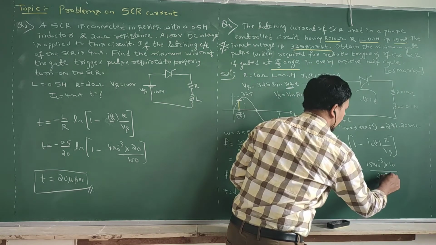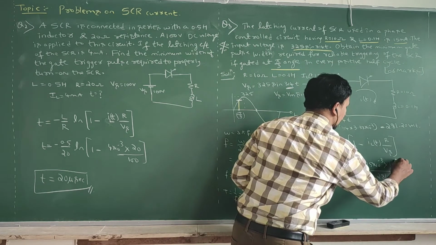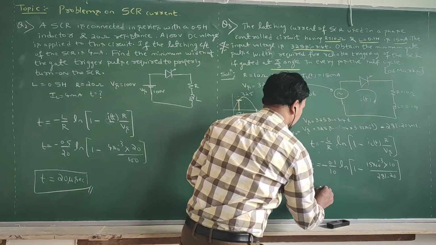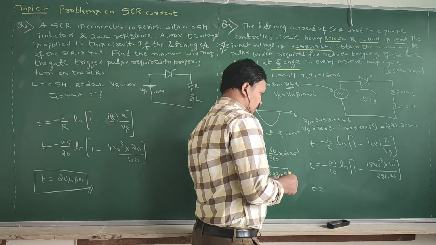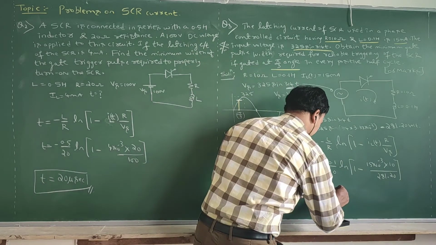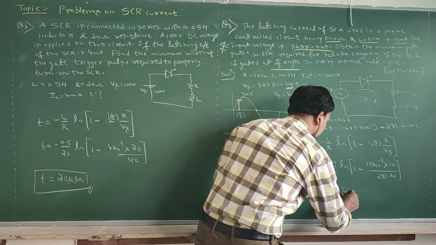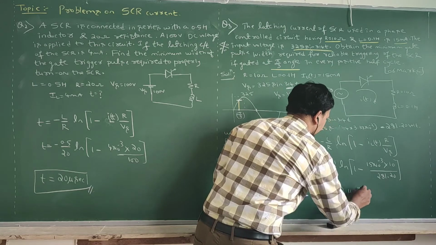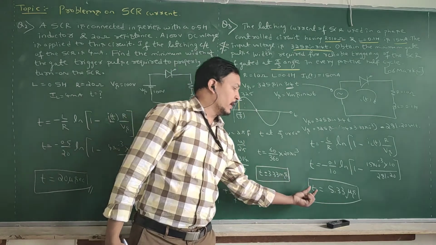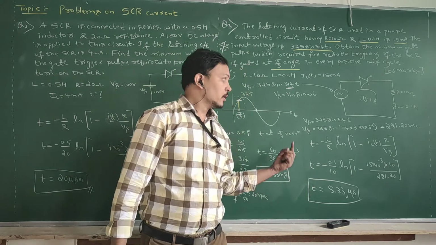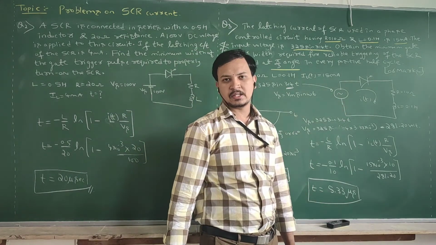Vs is 281.20 volts. So using the calculator you will get 5.33 microseconds. So this is the minimum pulse width duration required to trigger the SCR.